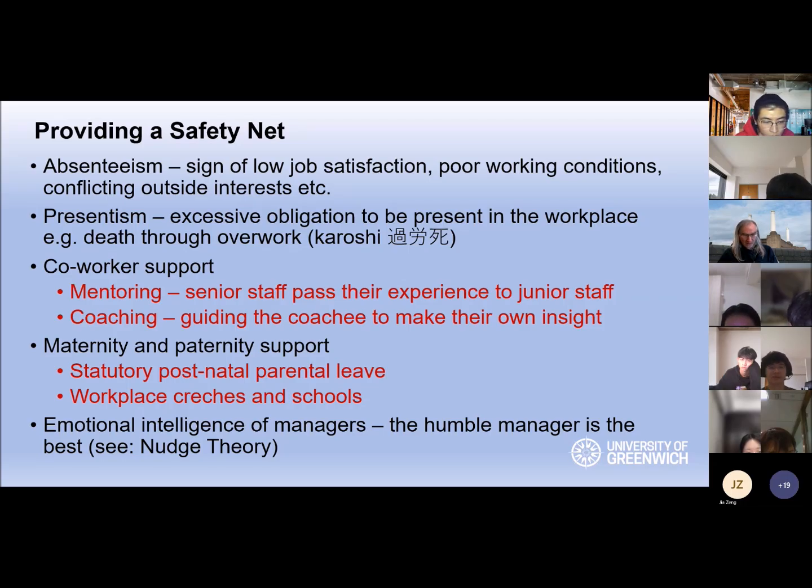And what I mentioned before about maternity support, paternity support, supporting parents, having creches and schools in the workplace, because this actually benefits everyone. And to do all of this, to provide that safety net as a manager, you need to have emotional intelligence. You need to understand the sensitivities of your workforce. You might want to refer to nudge theory, which we're going to talk about on another day.